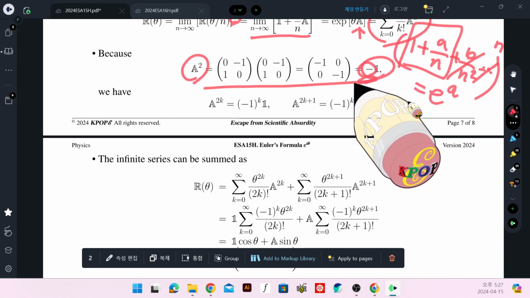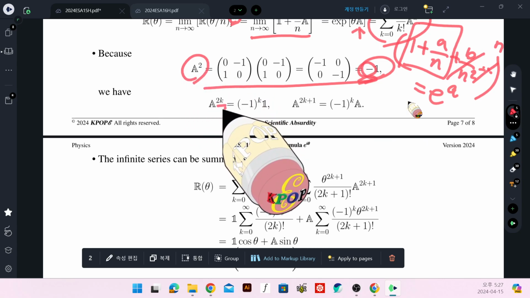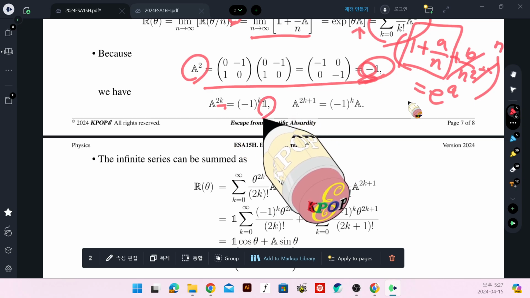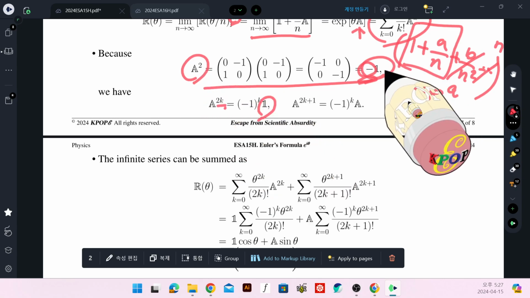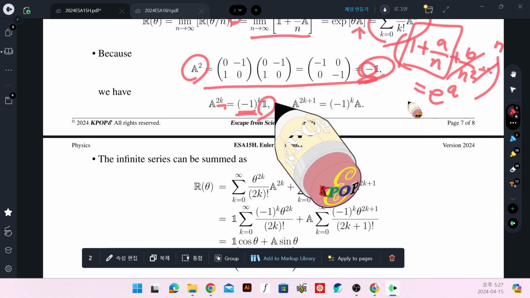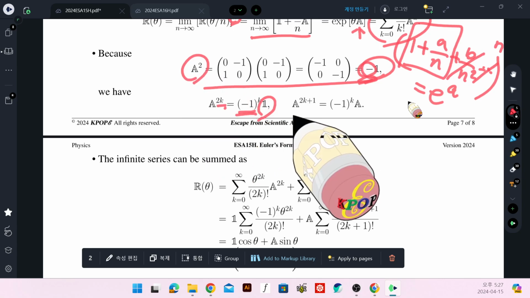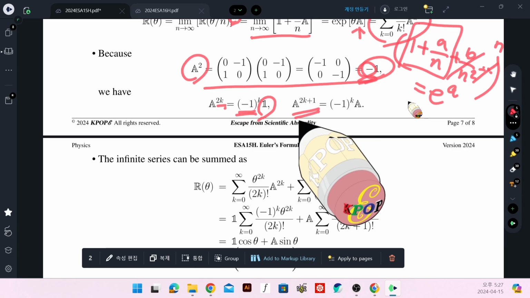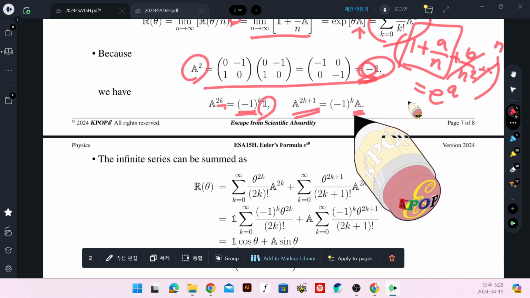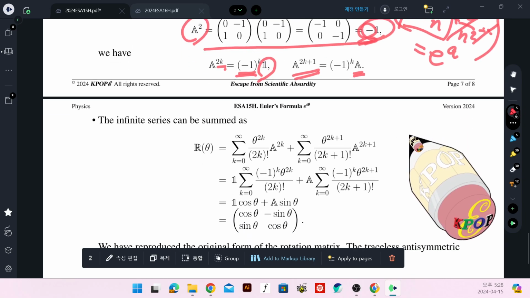So if I repeat and multiply this by even powers, it is identical to the identity matrix except that we have -1 to the kth power. If I multiply this matrix A an odd number of times, then we have an additional A and an additional factor of -1 to the k.